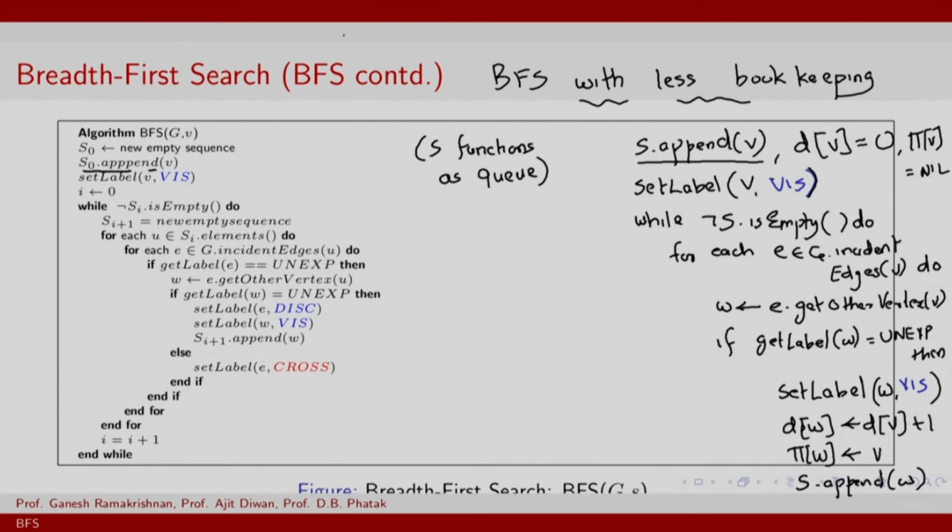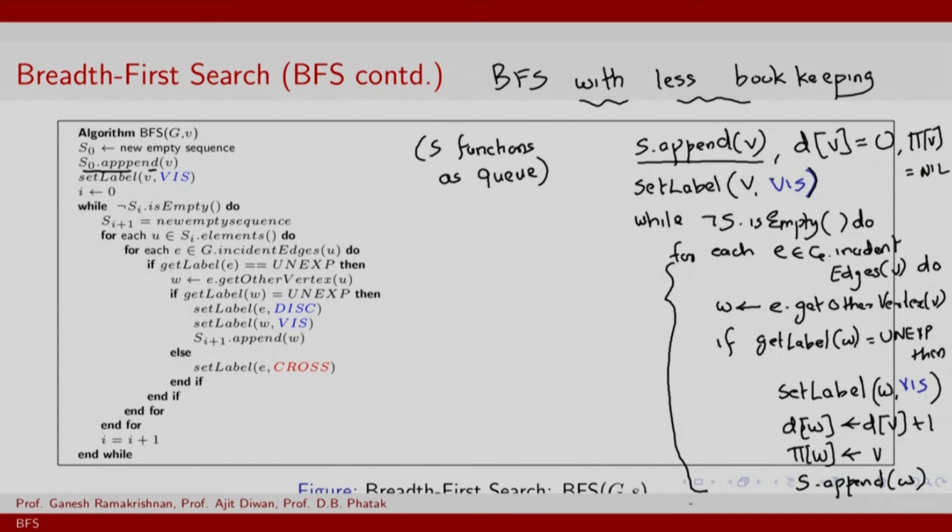Having appended W to the queue and having iterated on all the edges, what I will do next is mark that V has been already explored. All the neighbors of V have been added to the queue, their depths been updated, and so has been their ancestor.